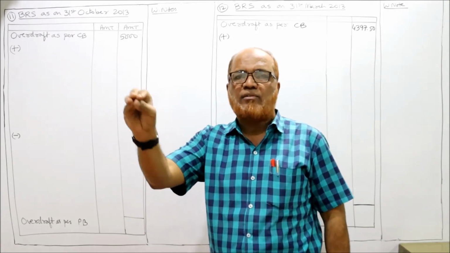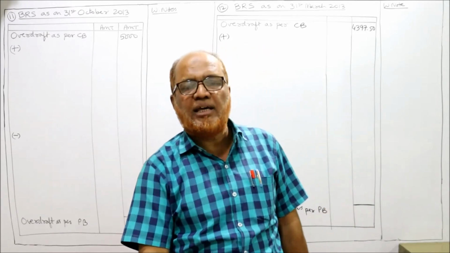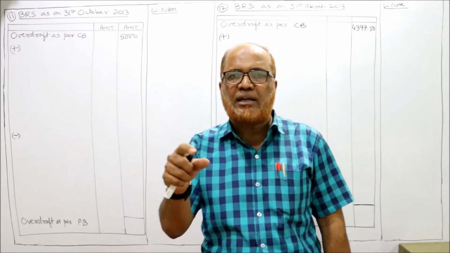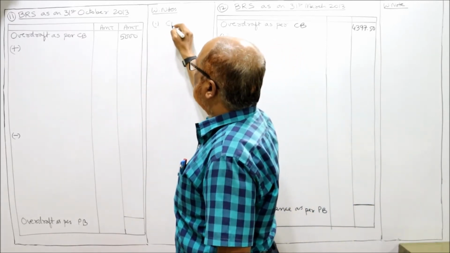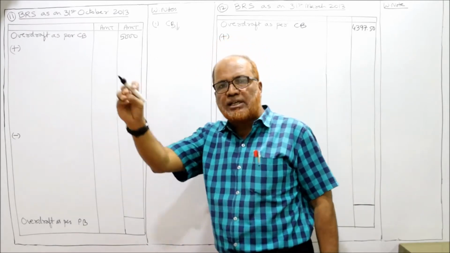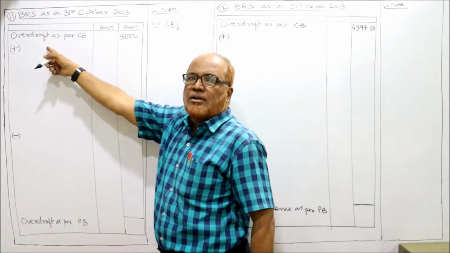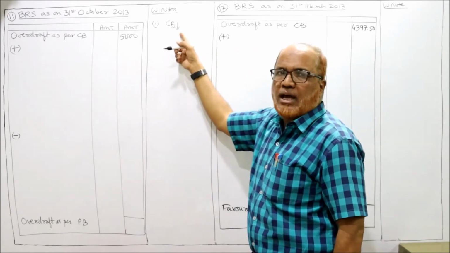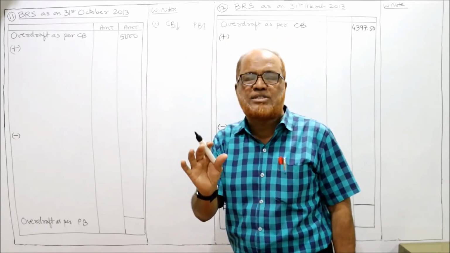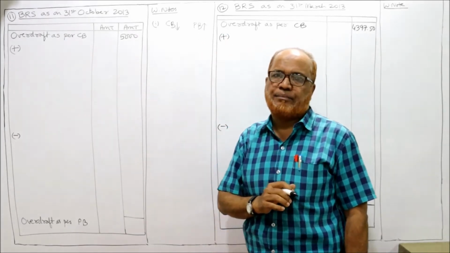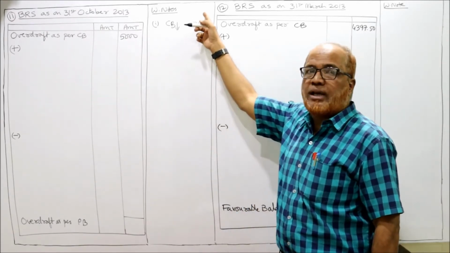Before depositing the check in the bank, we record it in our cash book, so the cash book overdraft will come down, whereas the passbook still shows more overdraft because the check is not collected by the bank. The banker has not yet credited the passbook.